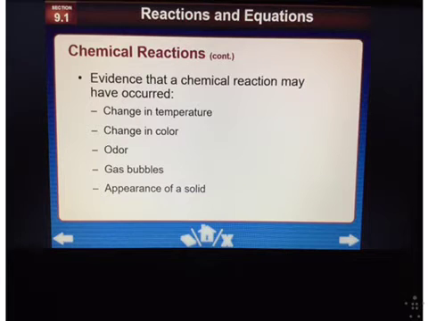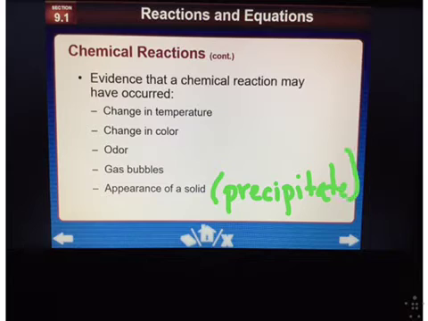Things that we have seen that indicated a chemical reaction were a change in temperature, change in color, some sort of odor was produced, some gas bubbles or fizzing, and then the appearance of a solid when we saw those two clear liquids mixed together and all of a sudden you saw a white powder. So appearance of a solid would definitely indicate what's called a precipitate, which we've talked about several times. So a solid that appears out of two different liquids.